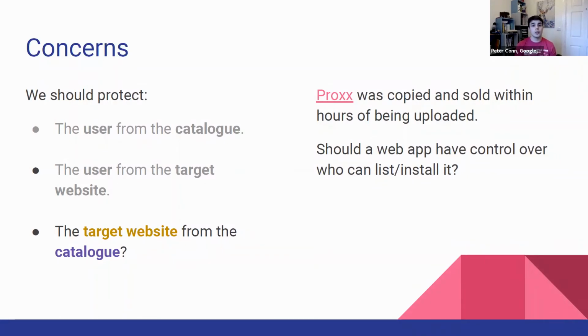So we can't really stop people from copying the front end of a website. But what we may want to prevent is a nasty web catalog linking to my genuine website. I am quite unsure about this, but potentially we could require that a web app lists the stores that can install it.